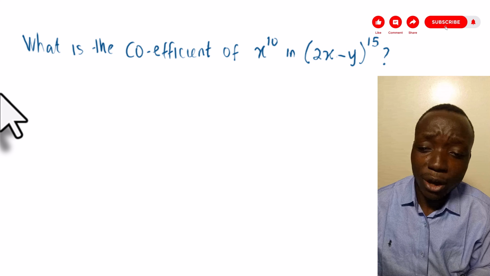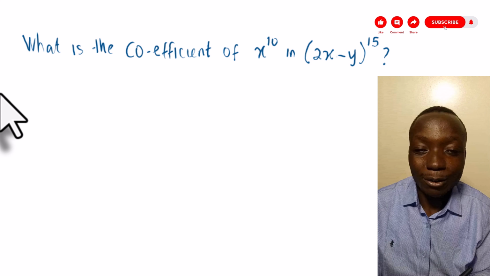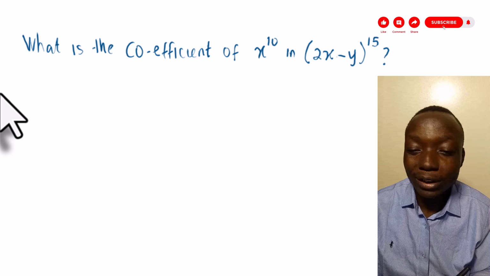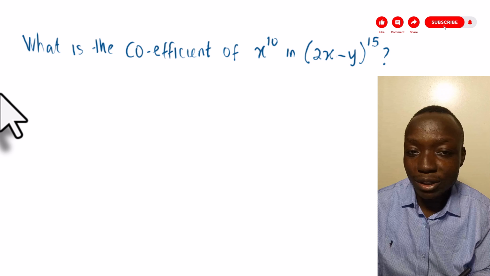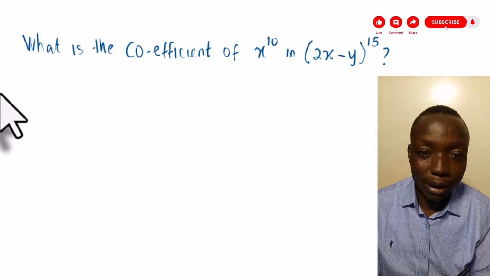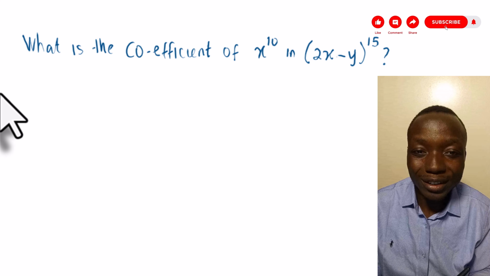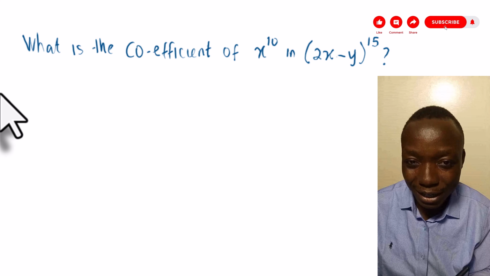So we want to find the coefficient of x raised to power 10. Now, if you remember what I told you about expansion, the exponent for x will start at the maximum and keep reducing by 1. So by that, if we start from 15, if we want to stop at 10, that means we're looking for the 6th term of this expansion.